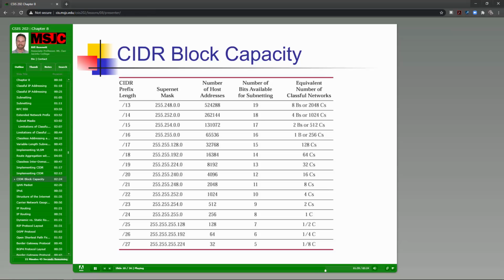Raise 2 to the 19th power, subtract 2, and that is the number of host addresses you would have available there. The number of bits for subnetting obviously is 19. The math there is, there are 32 bits in an IP address or a subnet mask. Subtract 13 from it, and you've got 19 left over. So it's not tough to figure this stuff out once you really understand the math and how it works.